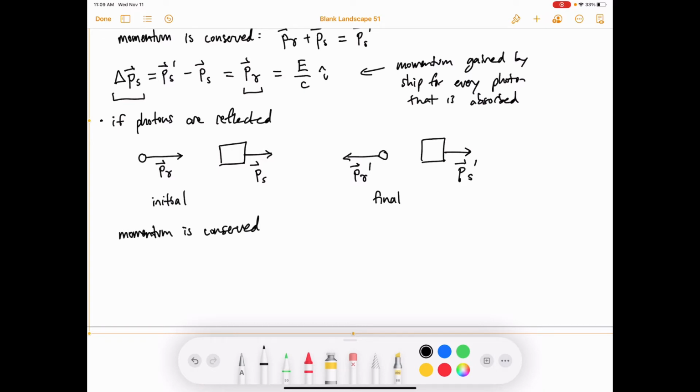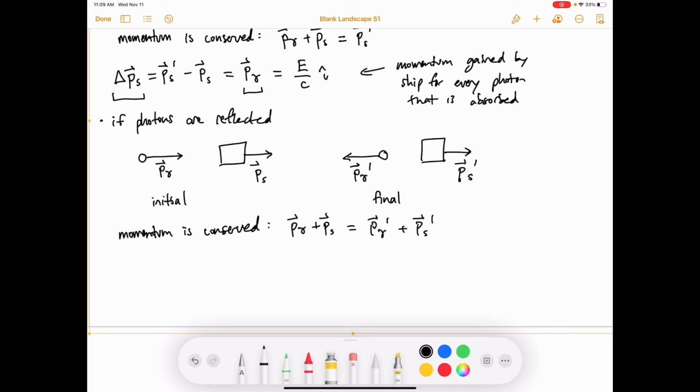Which gives us the initial momentum is P gamma plus PS. Final momentum is P gamma prime plus PS prime. And these are all vectors, so we'll account for the directions later.